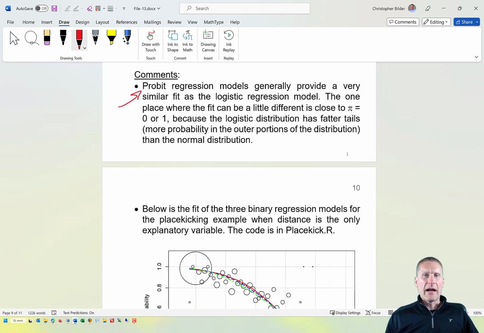Then, if you remember how logistic probability distributions have fatter tails than a standard normal, that's why you will see some differences there. But rarely is being so close to 0 or so close to 1 relative to pi extremely important.